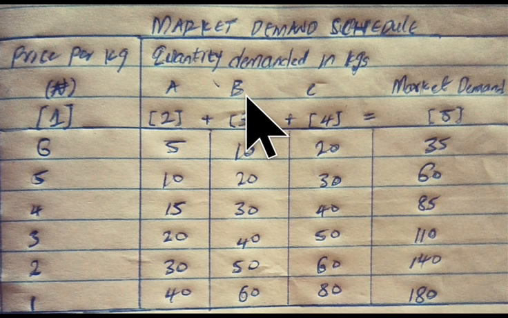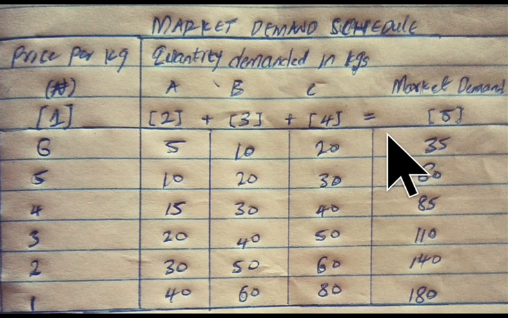The individual B. The same thing to individual C. So, the 5th column now is our what? Market demand, which is derived actually by summing, taking the summation of what? Column 2, 3, and what? 4. That is, 5 plus 10 plus 20 is what? 35. The same goes to this, and so on.